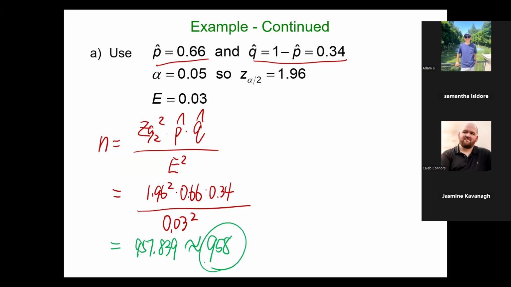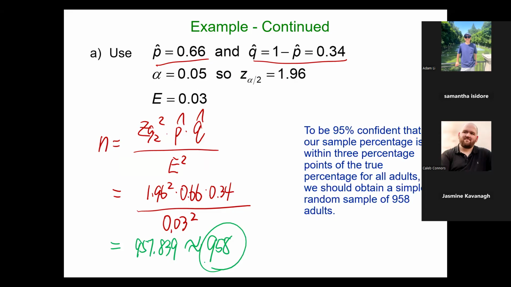So the independent contractors need to conduct a survey, collecting information from a simple random sample of 958 adults, in order to guarantee they have 95% confidence and the margin of error is within 3 percentage points.